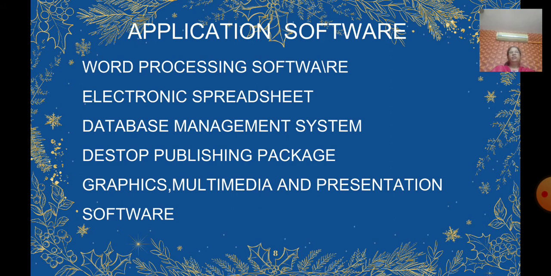In that, the first one is word processing software. Word processing software helps to create letters and professional looking documents. You can create documents quickly and efficiently. For example, MS Word and WordPad are word processing software.